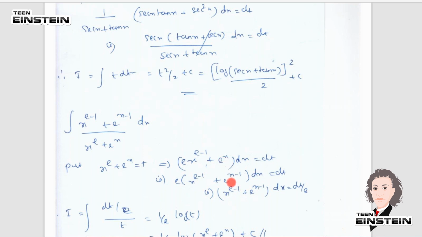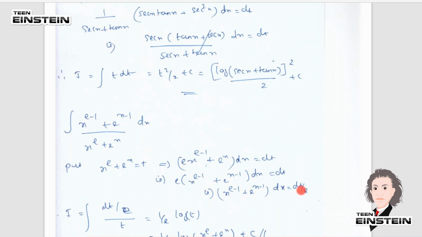So e to the power x minus 1 dx is equal to dt. Therefore, from this, x to the power e minus 1 plus e power x minus 1 dx is equal to dt by e. Now the numerator can be replaced by dt by e.